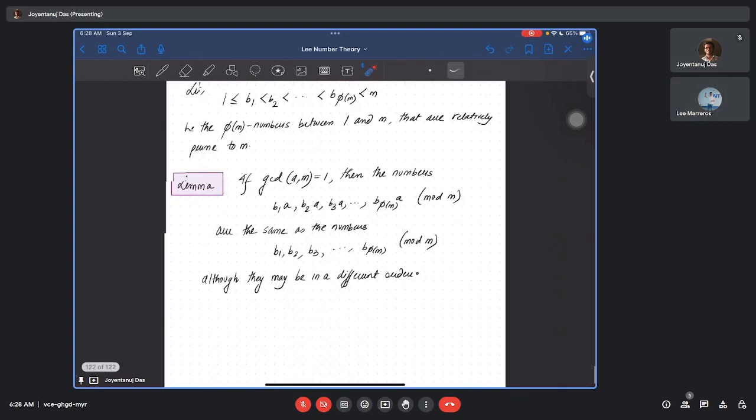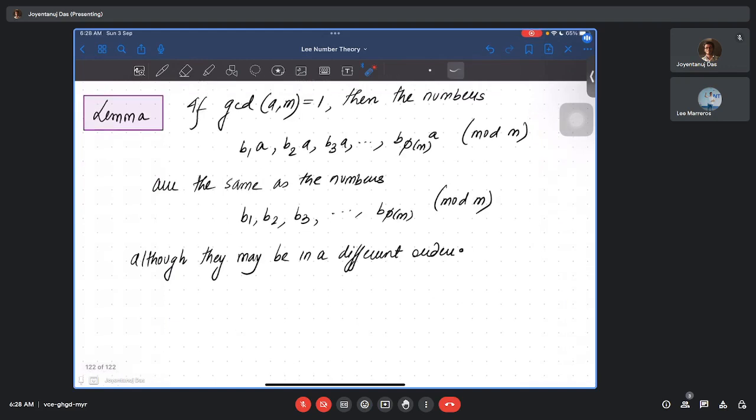Okay, so let us see how to prove this one. This will be the main idea. We'll use this lemma to prove the theorem.